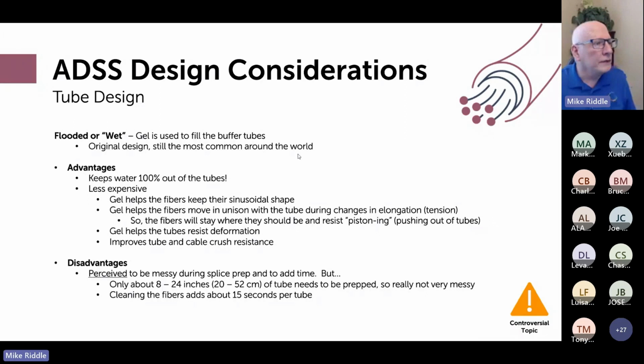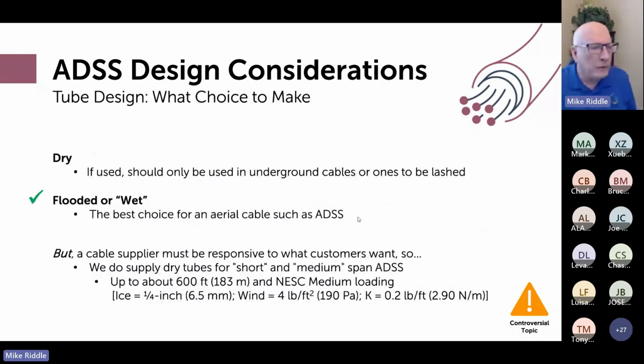So what should you use? You can tell already, I think I've done a fair job of presenting the benefits of the dry tube versus the flooded tube. But I think you can tell already, I'm a fan of the traditional flooded tube design for aerial cables. A duct cable, dry tube's absolutely fine.